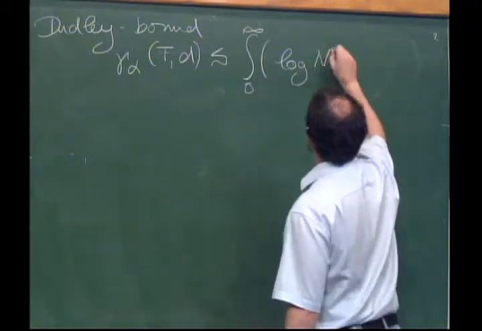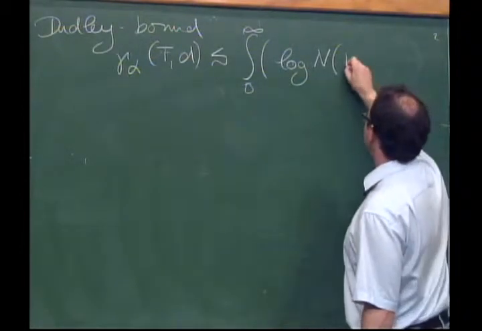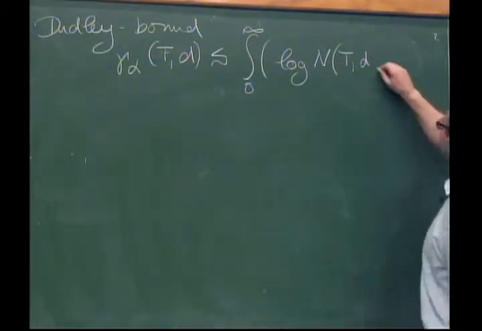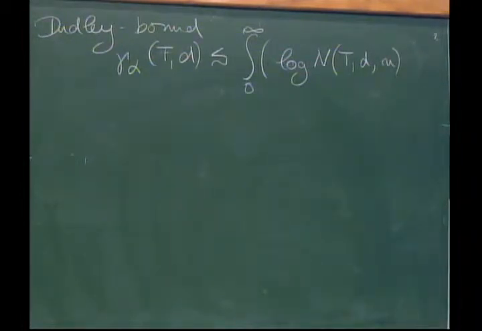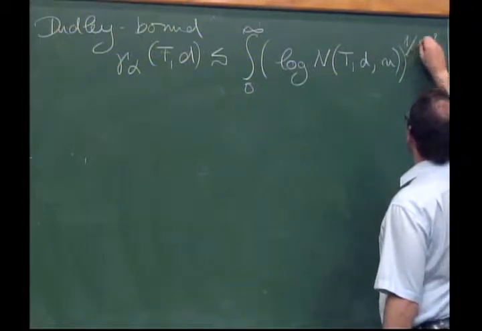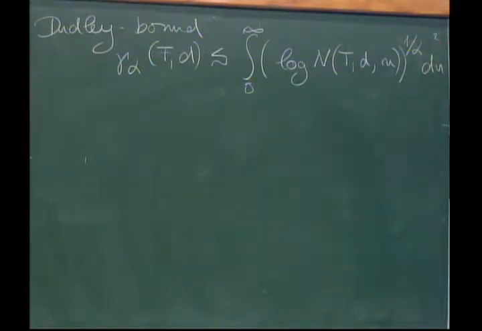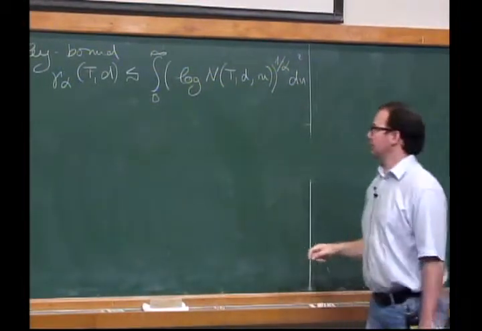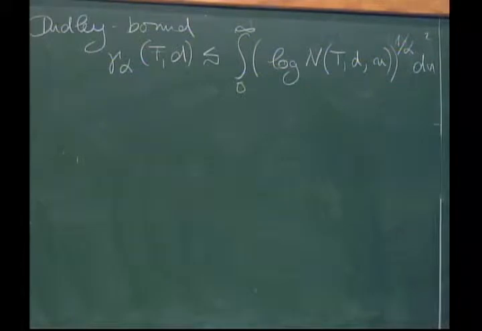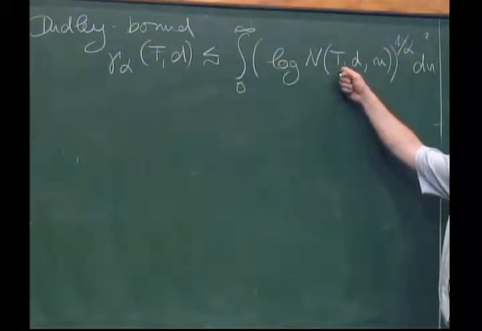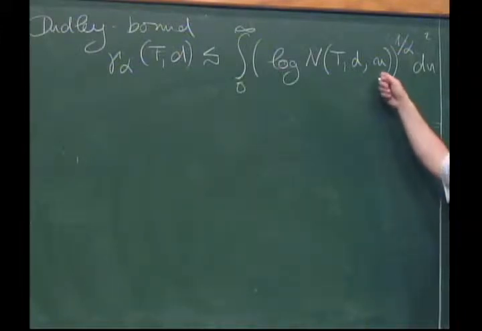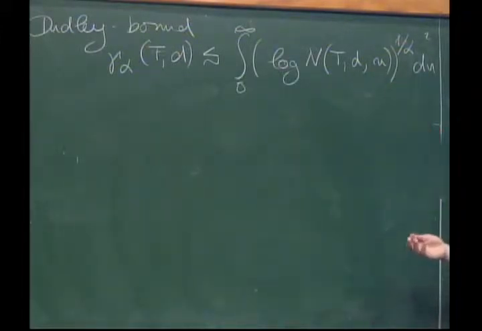Here you get the logarithm of the covering numbers of the set T in the metric D at radius U, and the whole thing to the 1 over alpha, and you integrate against U. Usually the upper bound will be finite, because if you have a compact set, then at some radius you will cover the whole thing, so you just need one ball, and then the log of 1 is 0, so you don't need to continue the integral.